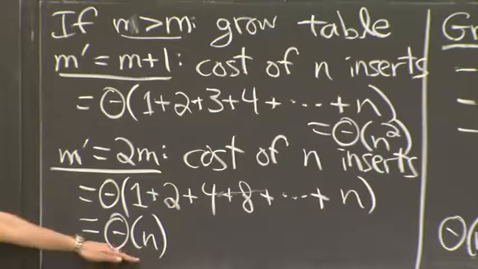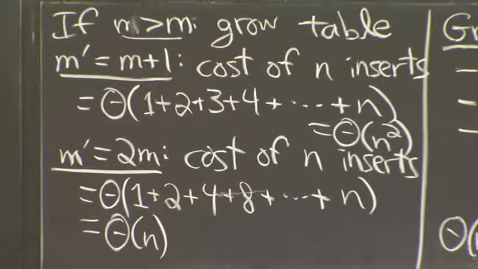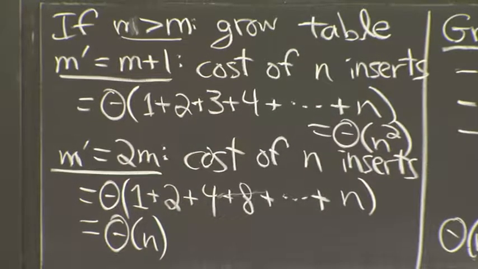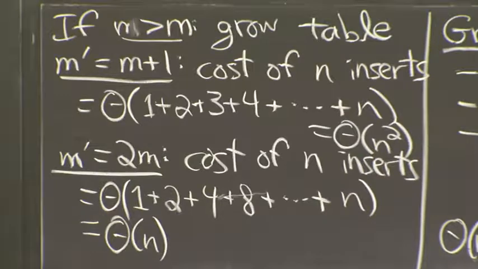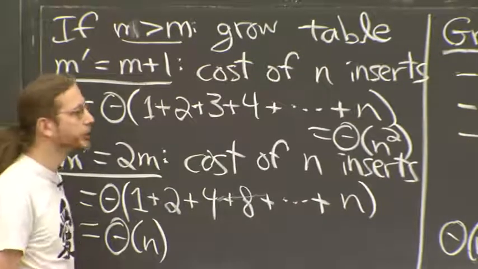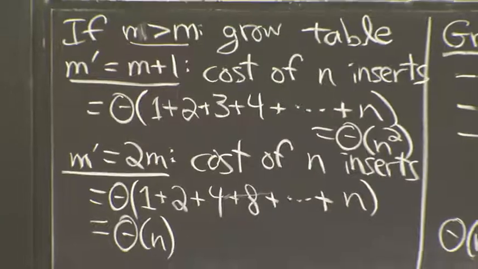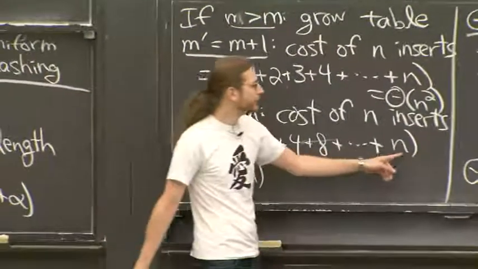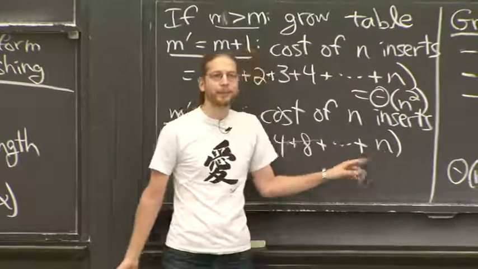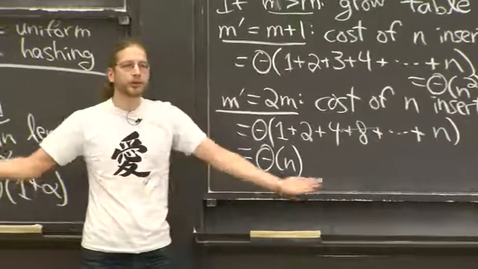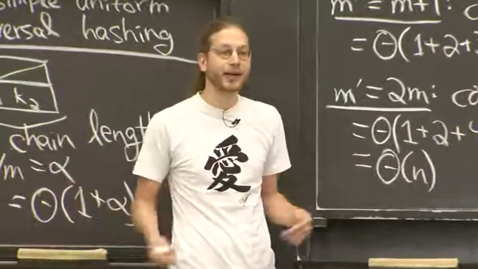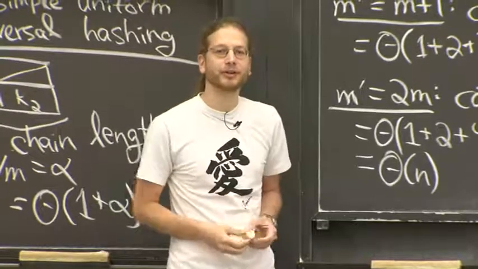OK, now it's a little strange to be talking about theta n. This is a data structure supposed to be constant time per operation. This data structure is not constant time per operation. OK, even ignoring all the hashing business, all you're trying to do is grow a table. It takes more than constant time for some operations. Near the end, when you have to rebuild the last time, you're restructuring the entire table. That takes linear time for one operation.